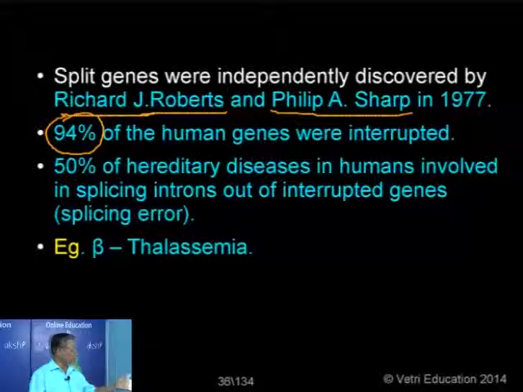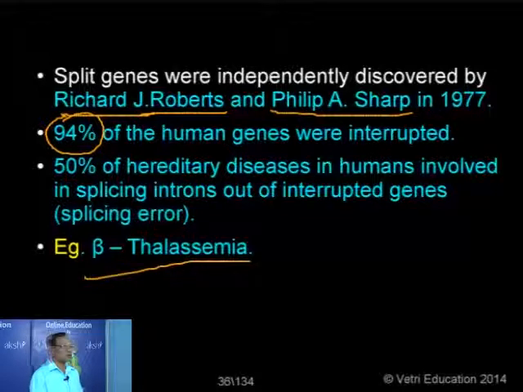Nearly 50% of human hereditary diseases involve splicing introns out of the interrupted genes. While doing so, some error takes place, which results in what is called a splicing error. One such disorder, seen already under genetic diseases, is beta thalassemia. Beta thalassemia is the best example, a disorder caused by a splicing error, when the introns are not being spliced out of the interrupted gene.